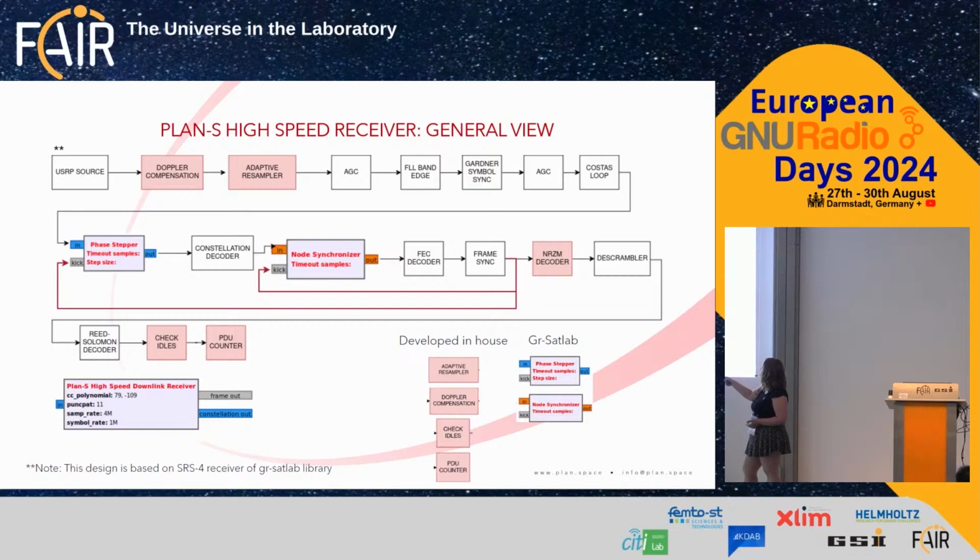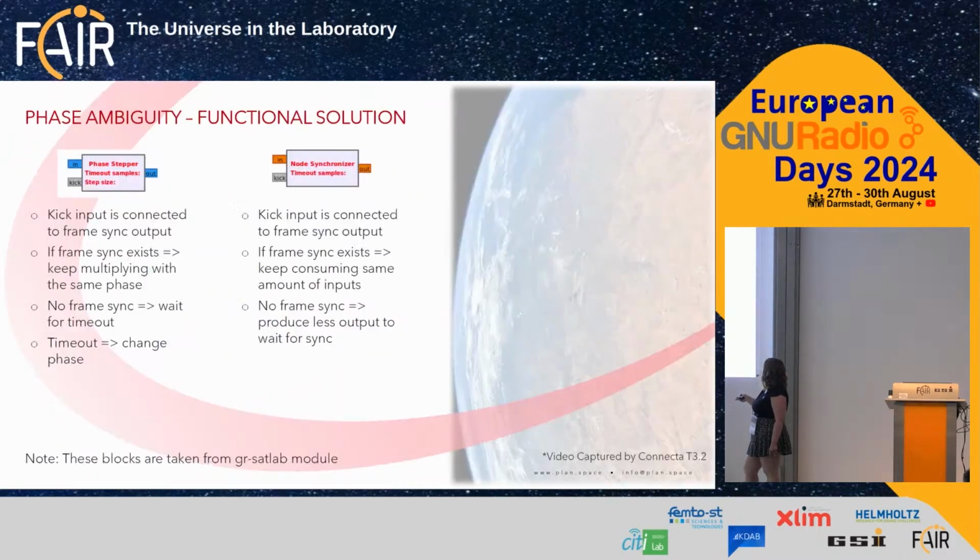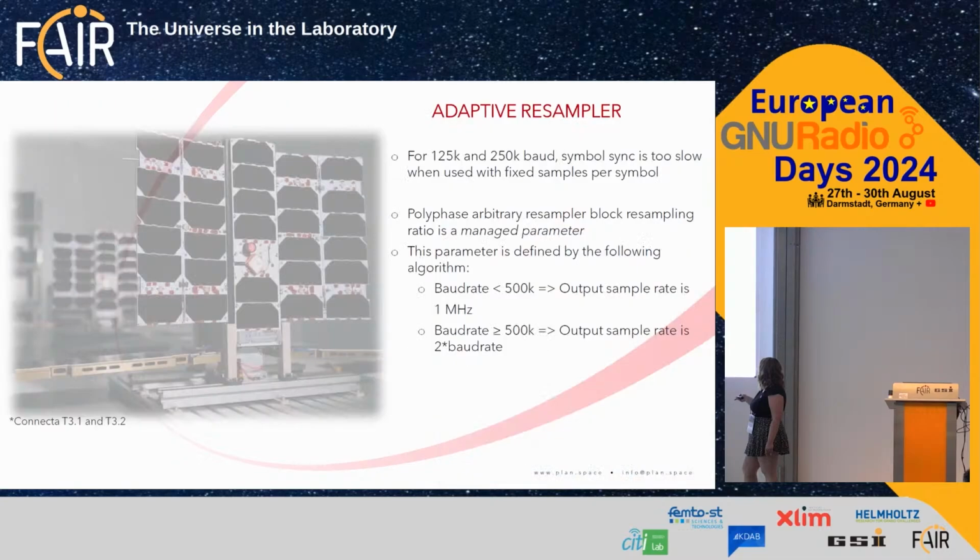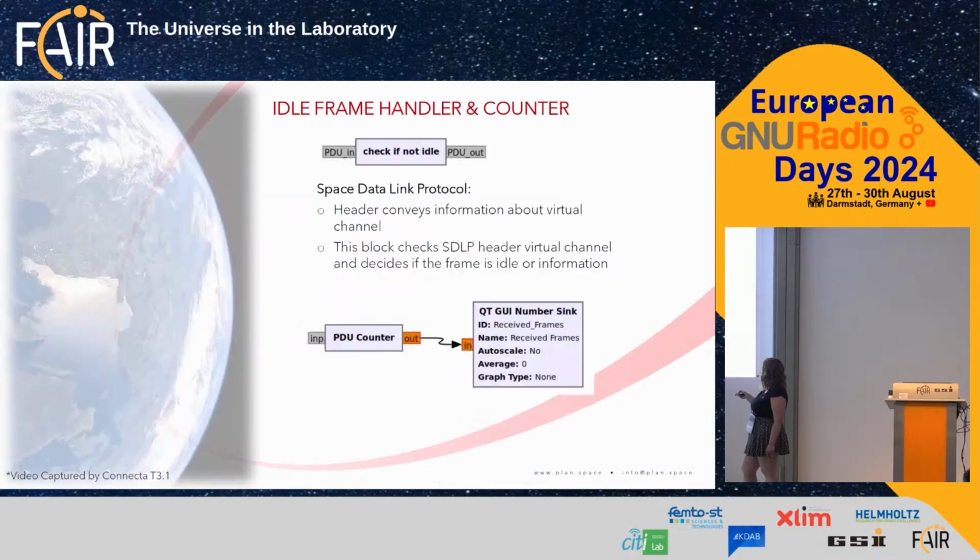Another problem we had to tackle is that, as I said, my communication channel is a continuous channel. So the USRP source is always getting some frames, and I'm always getting some output here. If I keep counting my idles, or if I push those idles to the mission control software, everything fails. So we make use of the space data link protocol in the upper layer.